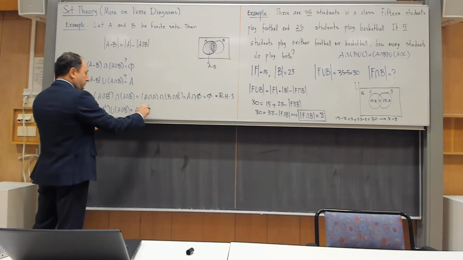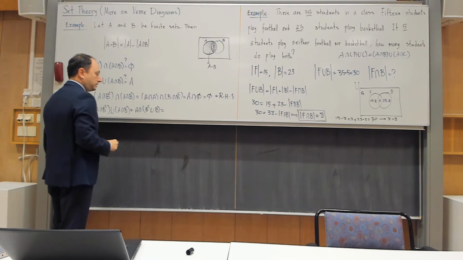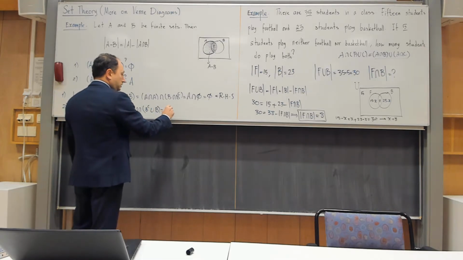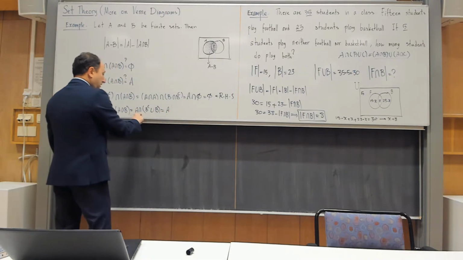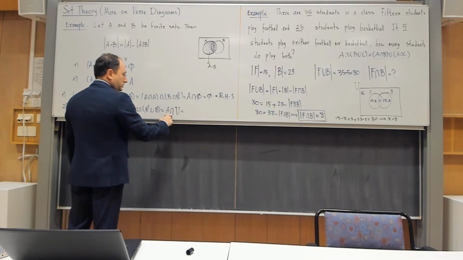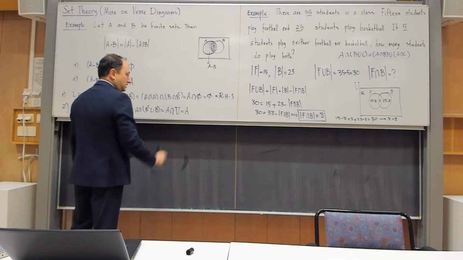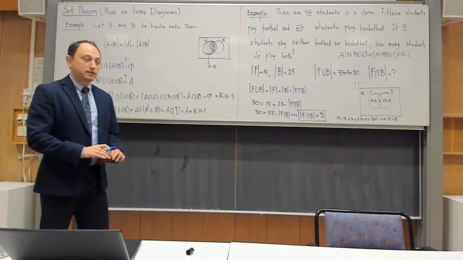B complement is left from this union and B is left from this. But we have a formula for B complement union B: it is the universal set. So I have A intersection the universal set, but we also know A intersection with the universal set is the set A itself, which is the right-hand side. So we actually confirmed that as well.